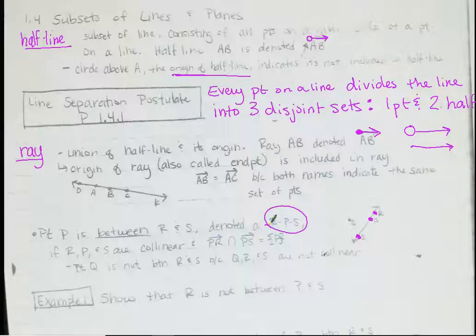If R, P, and S are collinear and ray PR, sorry, pardon me, intersects ray PS, it equals the set P.